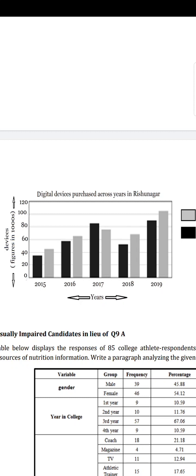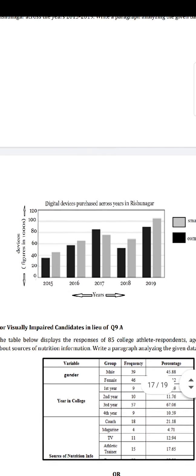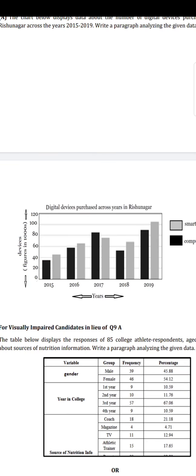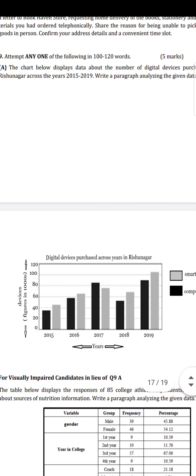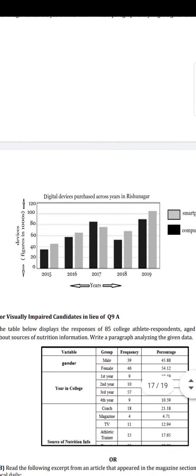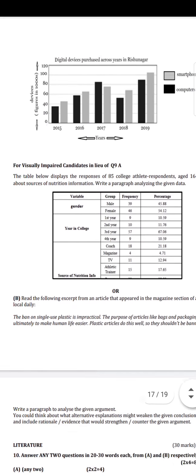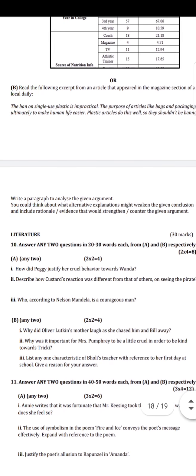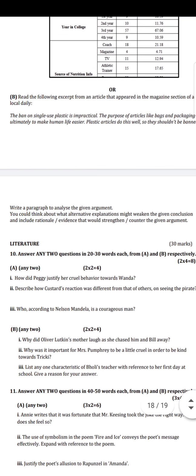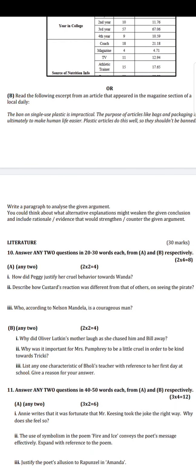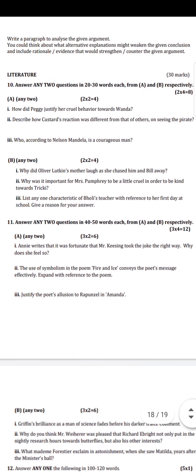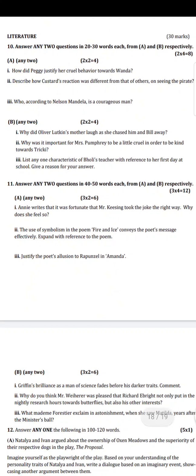There was a slight decrease in 2018 and a sudden increase in 2019. So by analyzing this chart, this graph, you will be writing an analytical paragraph. This question I've already given you as an assignment. So move to the next literature part.